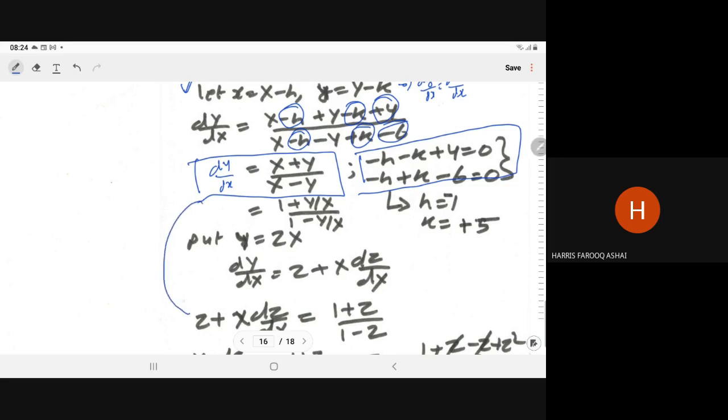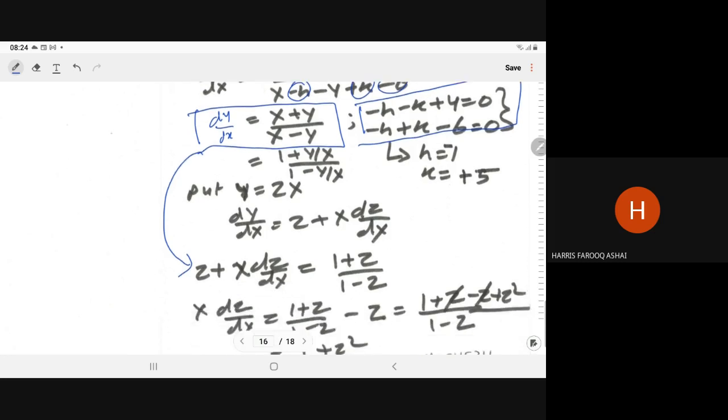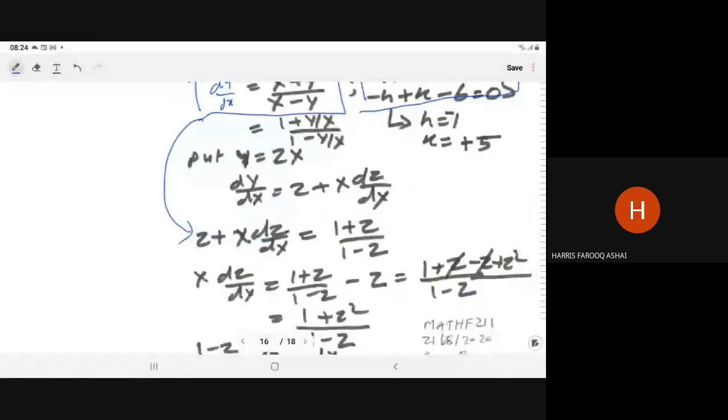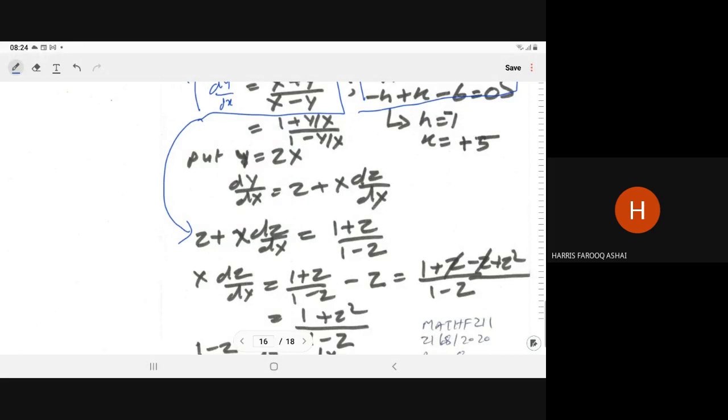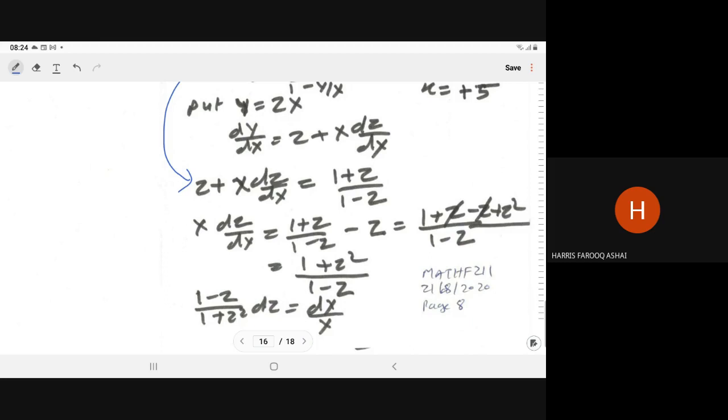This can be reduced to z plus X dz by dX is equal to 1 plus z upon 1 minus z. Now let us see whether we can separate the variables or not. So X dz by dX is equal to 1 plus z upon 1 minus z minus z, so it will become 1 plus z square upon 1 minus z.